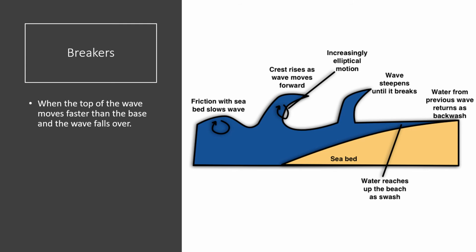So instead of the energy pushing the next water molecule so much, it pushes the water molecules up, making the wave higher and higher and higher. And if the crest is moving faster than the base, which is touching technically the seabed or the shoreline, that's going to slow it down, right, due to friction. Then the top of the wave is going to kind of fall over, if you will, and create what's called a breaker. So that's how you get a breaker.